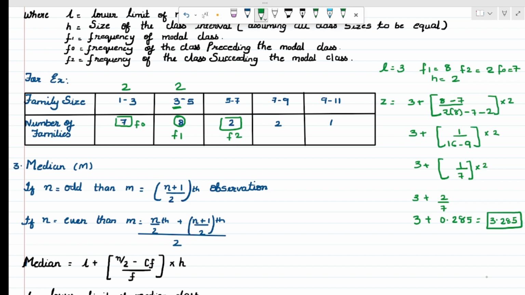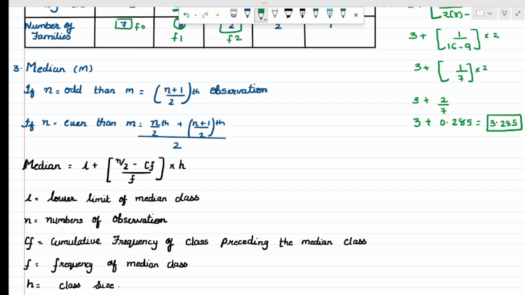And the third central tendency is known as median. For median, you have to keep in mind two terms. First is whether the number of observations is odd or even. If your number of observations is odd, you can solve it with the formula (n plus 1) upon 2.